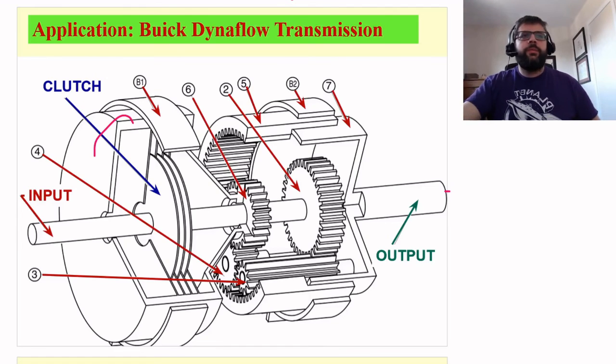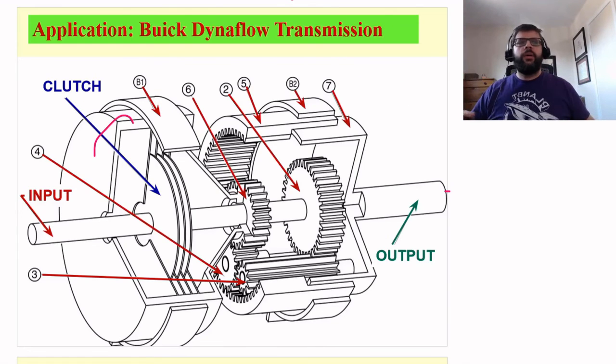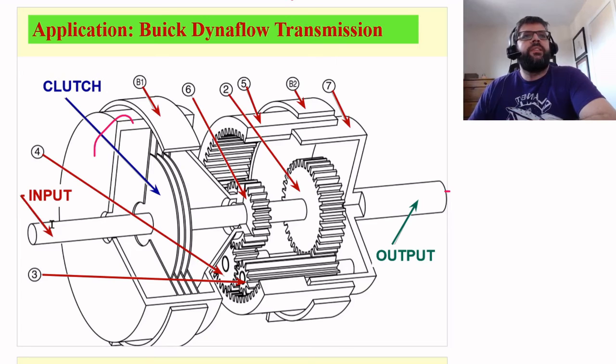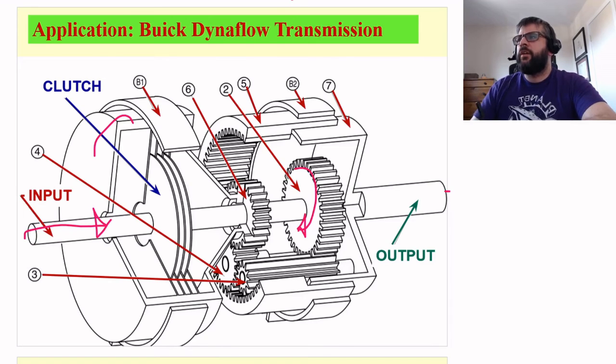Okay, so sometimes those get a bit complicated, so we'll have a look at an example of a Buick Dynaflow transmission. What we have here is a set of gears and brakes and clutches. We've got the input here. The input is connected directly to this Sun Gear 2.